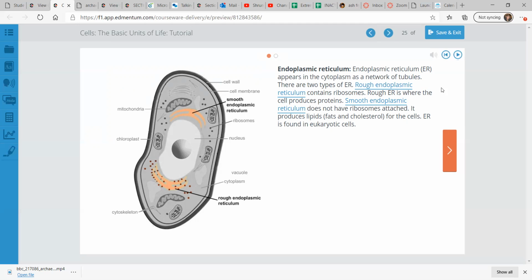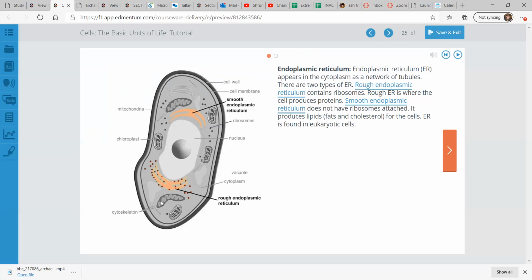So think of R for rough, R as in ribosomes. Rough has ribosomes, while smooth endoplasmic reticulum does not have ribosomes attached. It produces lipids, which are fats and cholesterol for the cell. And ER, or endoplasmic reticulum, is found in eukaryotic cells.